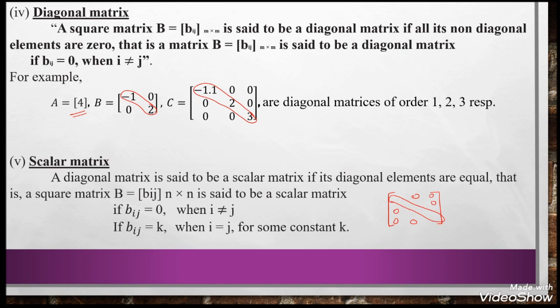Then, since the diagonal elements are all equal, it is called a scalar matrix.